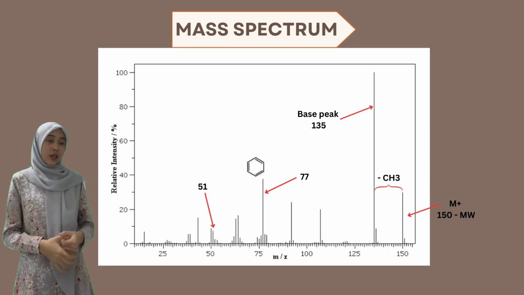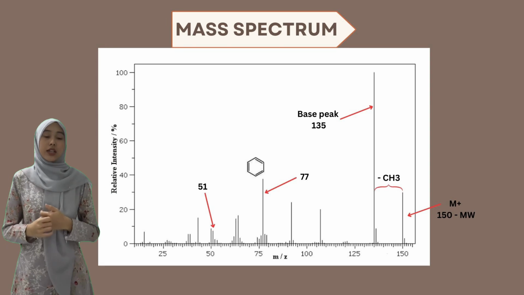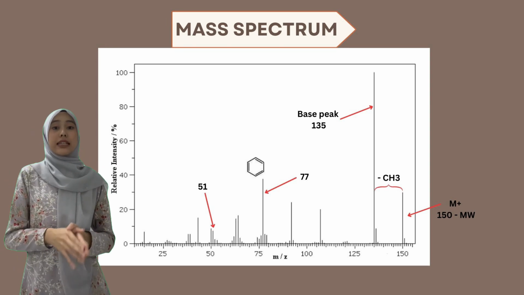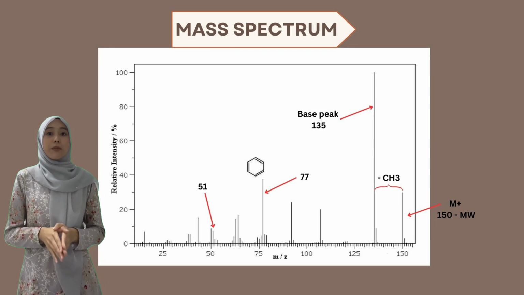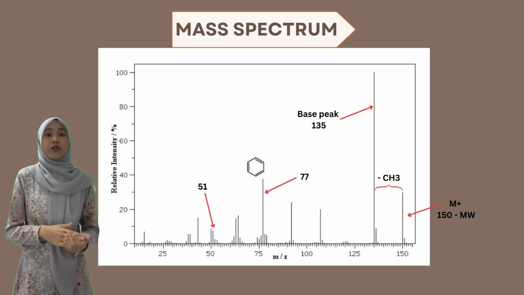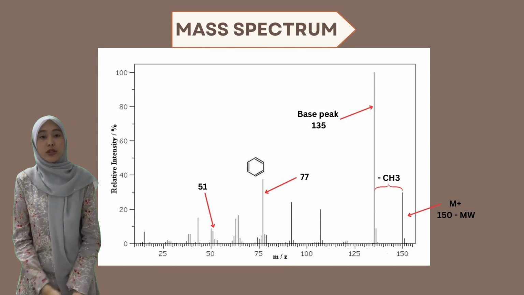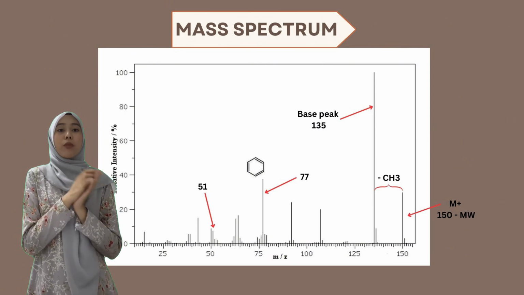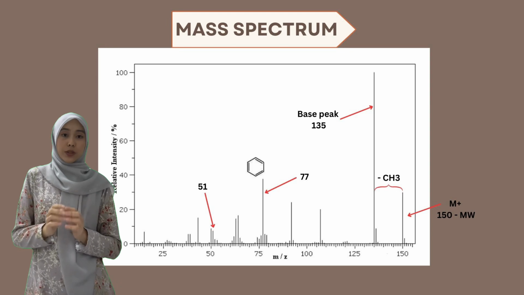The base peak, which is the tallest peak, is at 135. It is the most intense and indicates the loss of a methyl group CH3 from the methoxy group OCH3, a common fragmentation pattern for compounds containing methoxy groups.